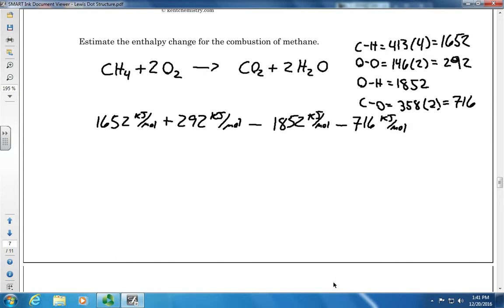All in all, that gives us a bond enthalpy of negative 624 kilojoules per mole. And that's how to do the bond enthalpy calculation.